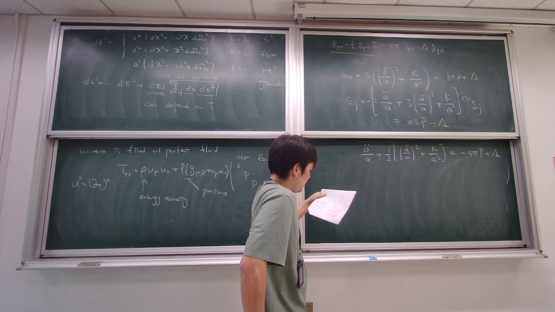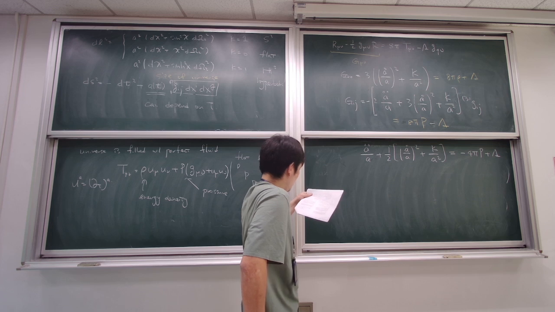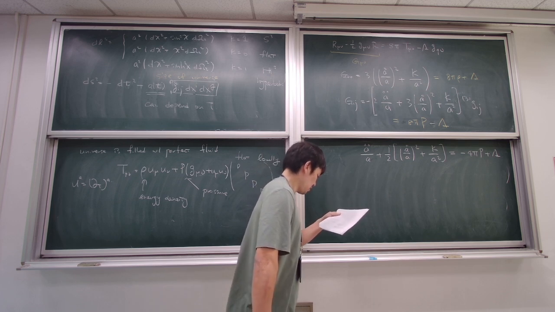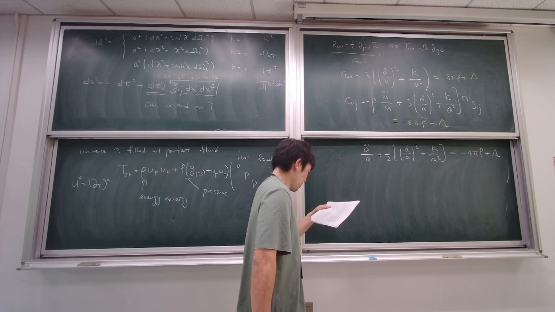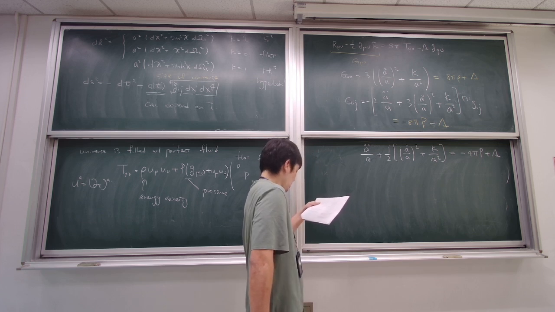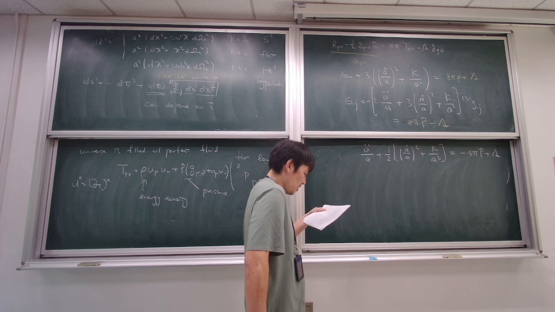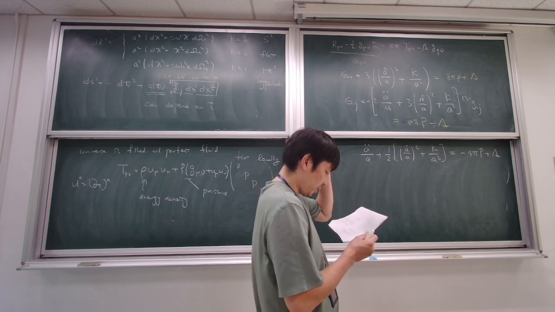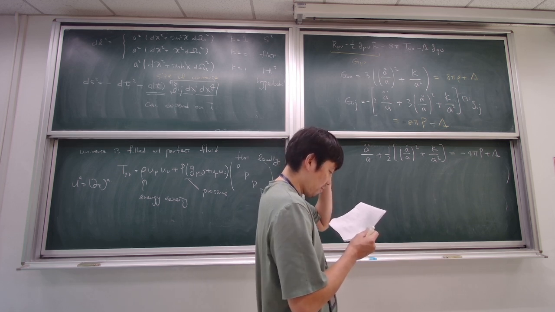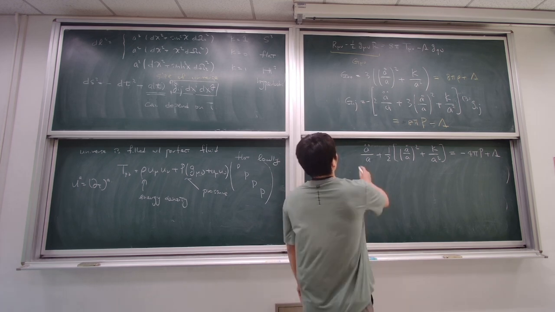I think it's possible to get two equations, one relating p and rho, and another one with just rho or just p. Okay, I will check my calculation later. Let's accept these two equations somehow.